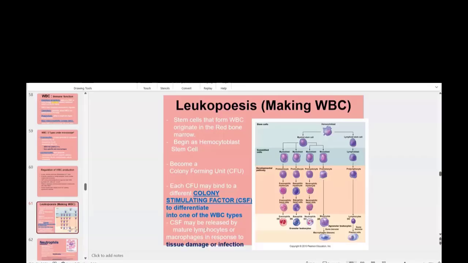CSF may be released by mature lymphocytes or macrophages in response to tissue damage or infection. Whenever somebody catches a viral infection, the immune system is immediately activated or triggered.